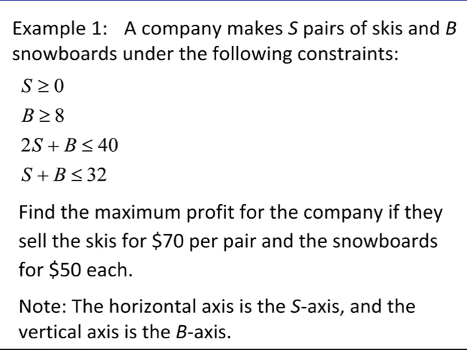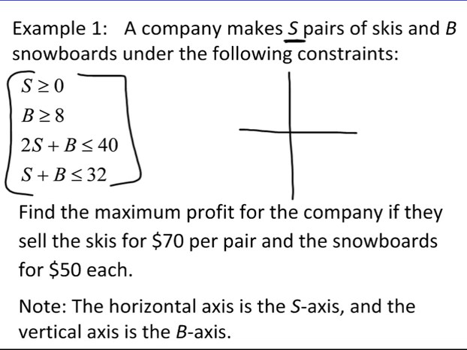So my system of inequalities, called constraints when you're in linear programming: S has to be greater than or equal to 0. So we need to graph that. The variable that we're talking about first is going to be our x-axis, if you will.